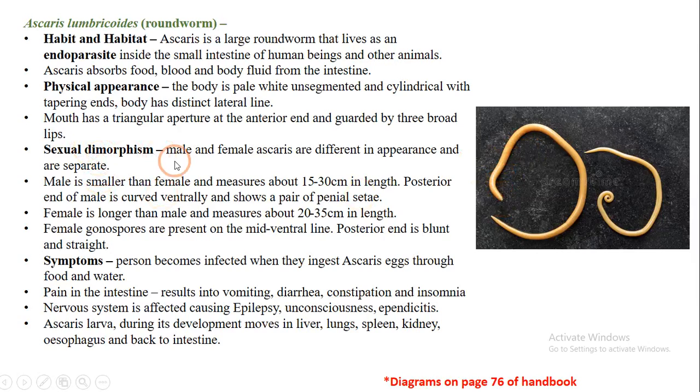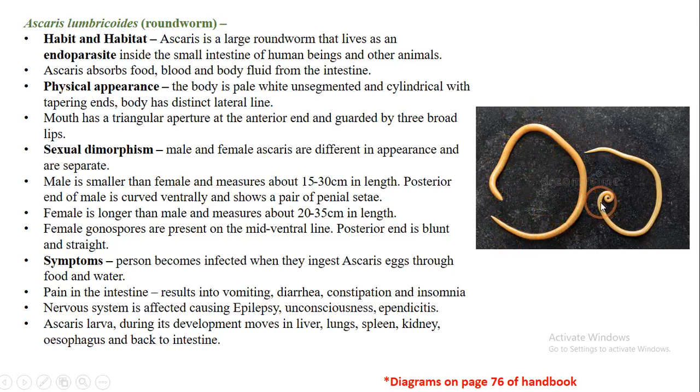Now there is a sexual dimorphism seen in Ascaris. That is, the male and the female Ascaris can be differentiated from each other. The male is smaller in size, and it measures only about 15 to 30 centimeters in length. And the female will be larger, which measures about 20 to 35 centimeters in length.